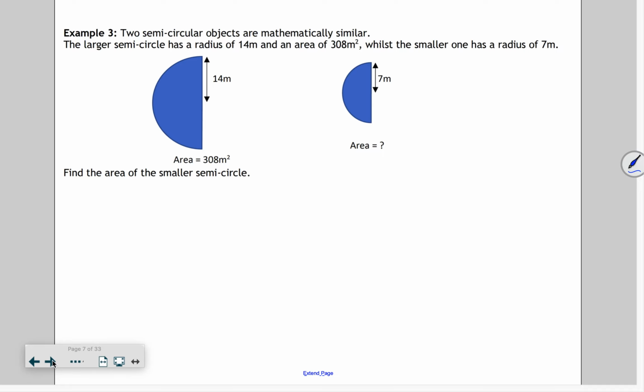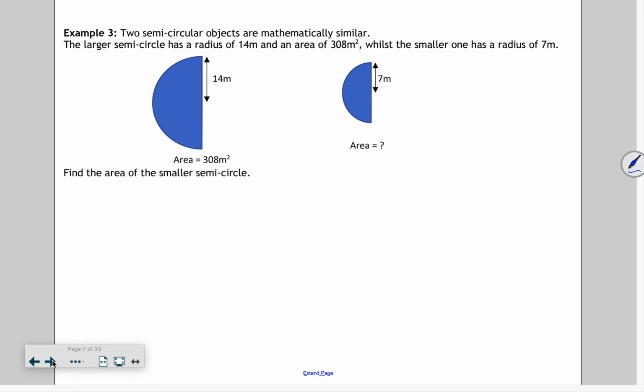So two semicircular objects are mathematically similar. The larger semicircle has a radius of 14 metres and an area of 308 metres squared, whilst the smaller one has a radius of 7 metres. Find the area of the smaller semicircle. Okay?